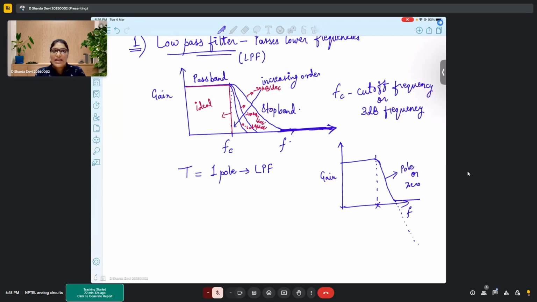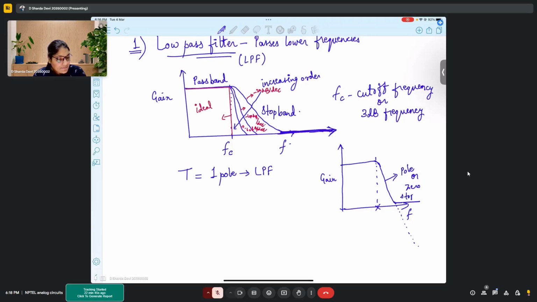But if I want to stop this fall of my gain, and restrict my stop band gain to a certain level, since this is my stop band and I want a certain stop band gain in my system, I can introduce a single zero as well. But the simplest low pass filter can be designed using a single pole system. Okay, so this is all about the low pass filter.